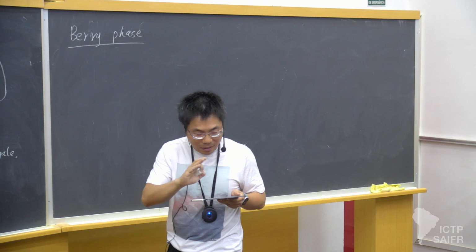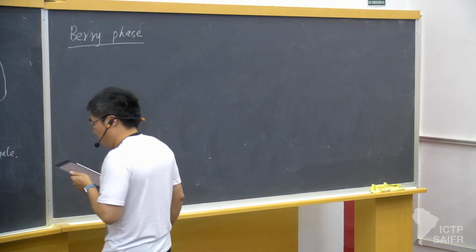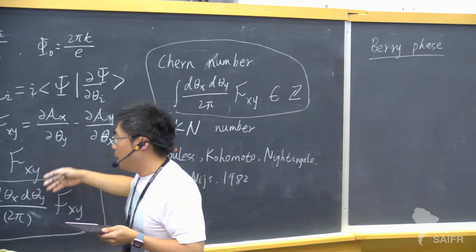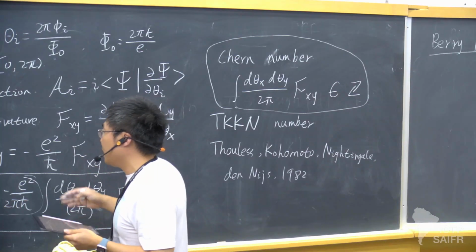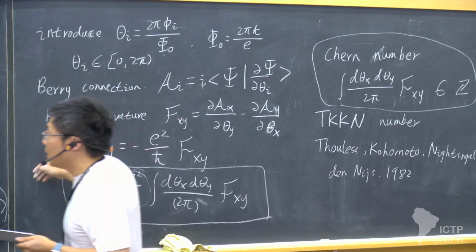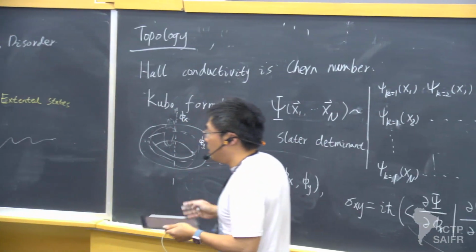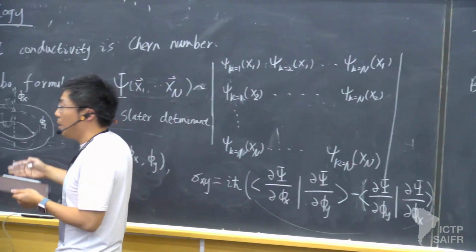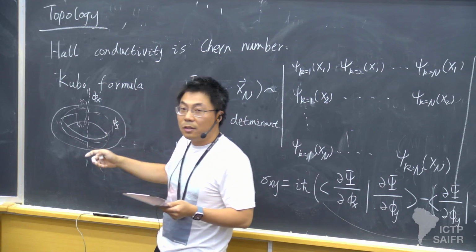I will not assume you really learned Berry phase before. The setup for the physics of Berry phase is very similar to here. The essence is that I consider a situation where my Hamiltonian depends on two parameters, phi_x and phi_y, right?